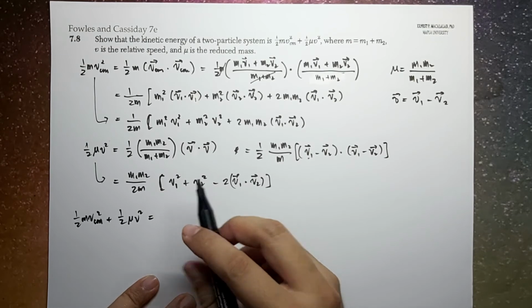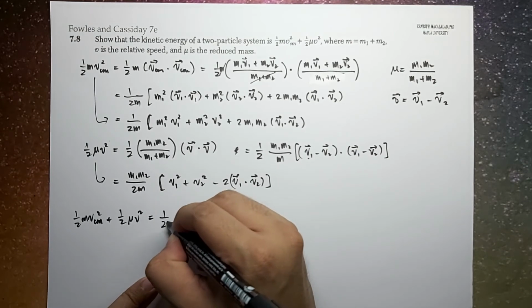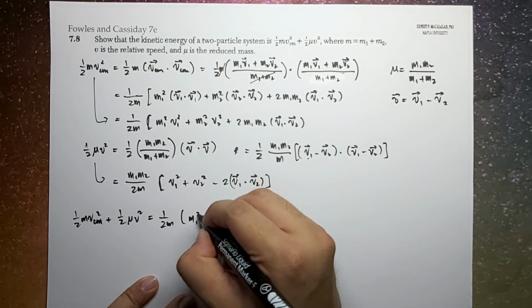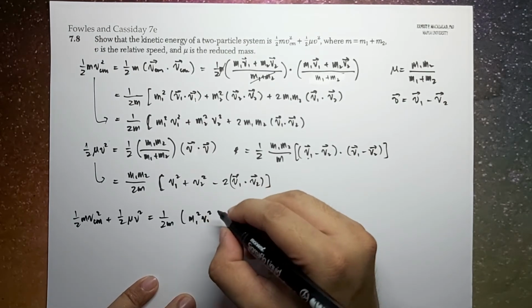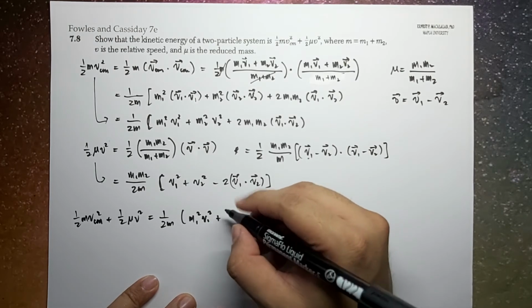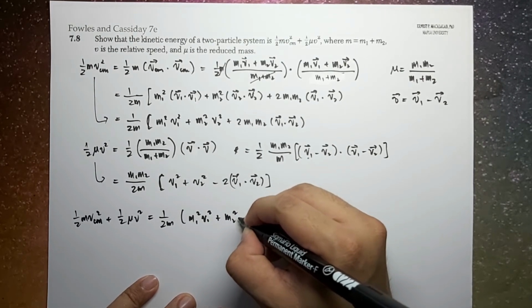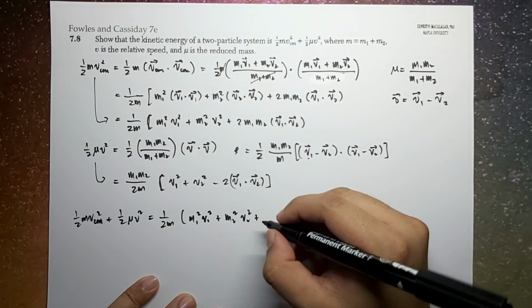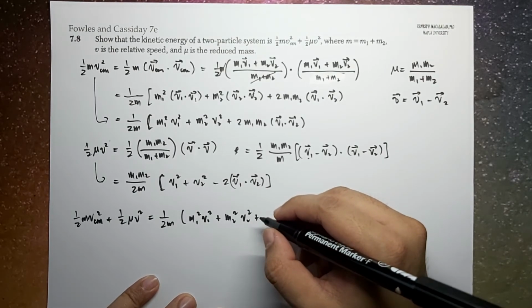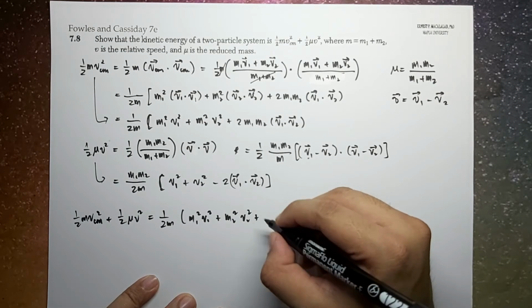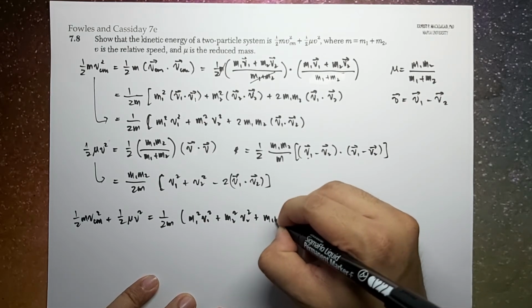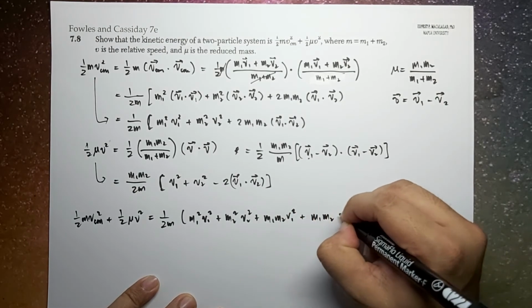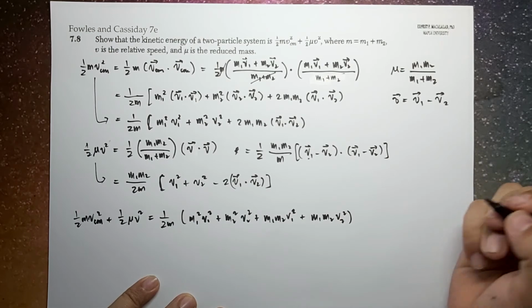That would be equal to 1 over 2m times m1 squared v1 squared plus m2 squared v2 squared plus m1 m2 v1 squared plus m1 m2 v2 squared.